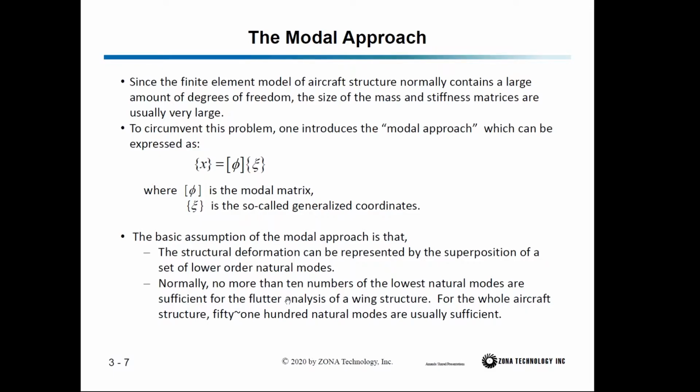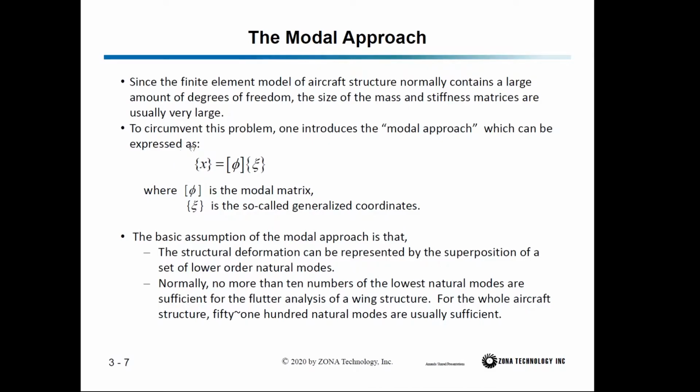For a single wing structure, probably only 10 modes, and for a whole aircraft, probably somewhere around 50 to 100 modes are sufficient. So we can reduce the problem size from thousands to just below 100.